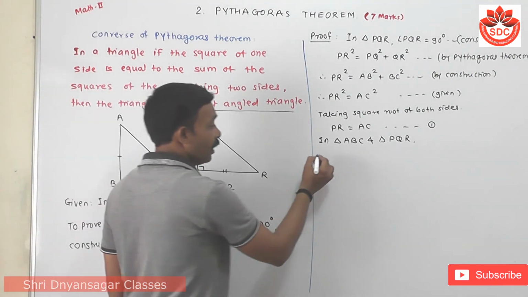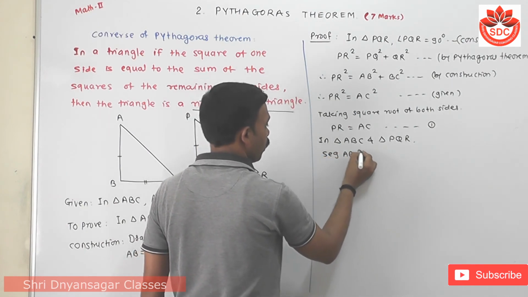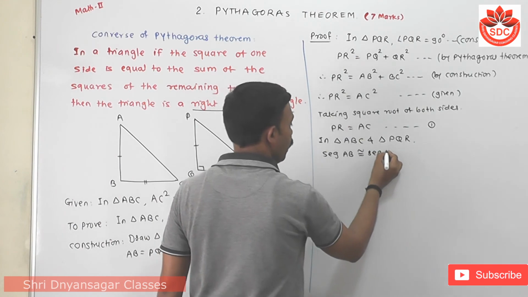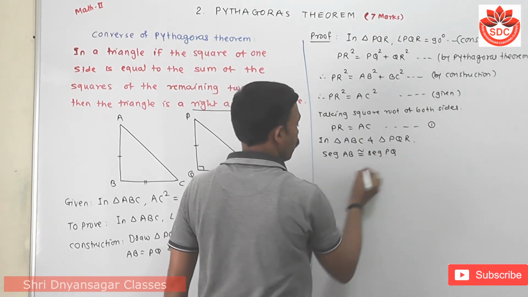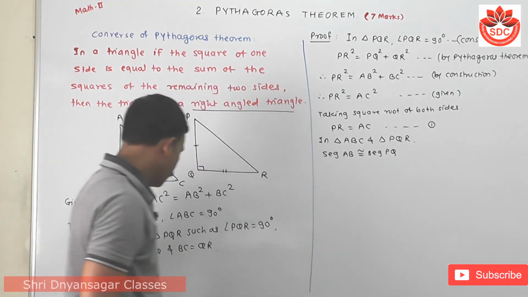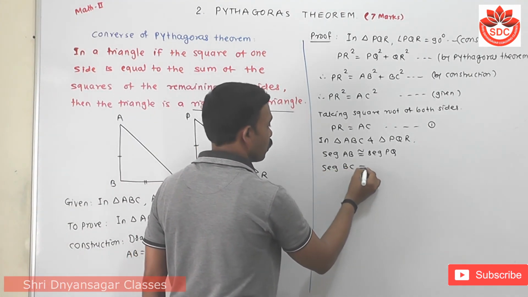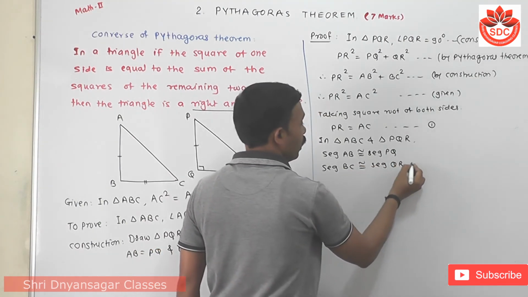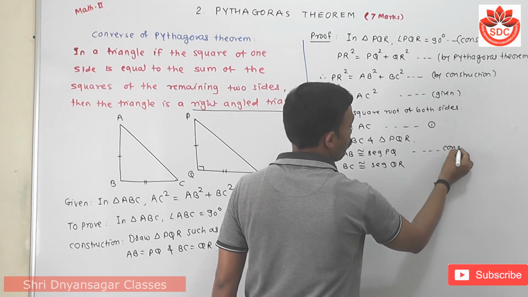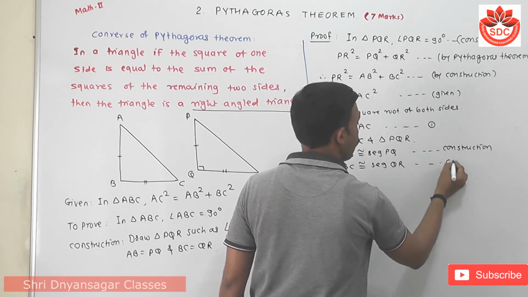So segment AB is congruent with segment PQ, and segment BC is congruent with segment QR, by construction.